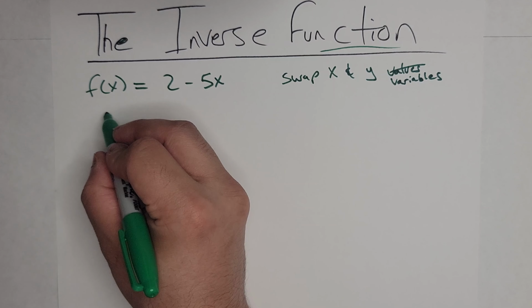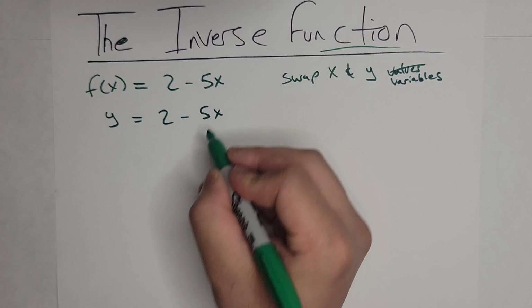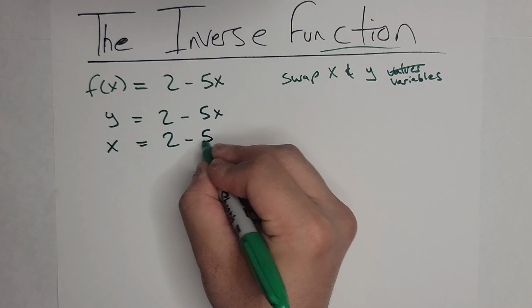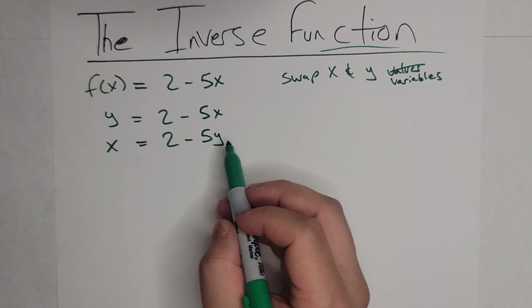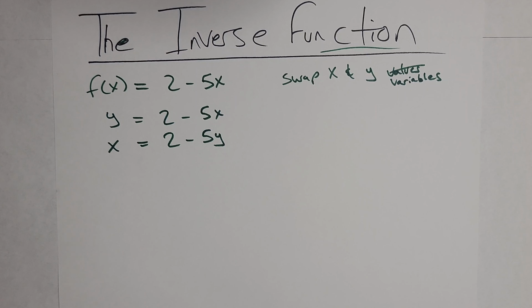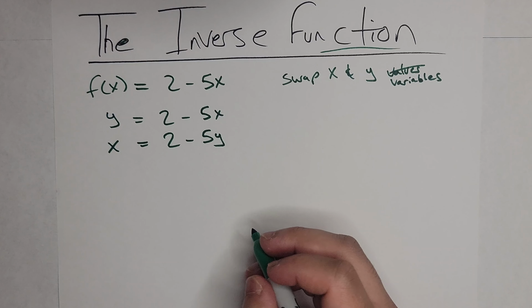What I'm going to do first is put a y here instead of f of x, and then I'm going to swap it. After swapping, I'm going to solve for y. Basically, I'm going to get y alone. This is just some simple algebra, and that will give me my inverse function.